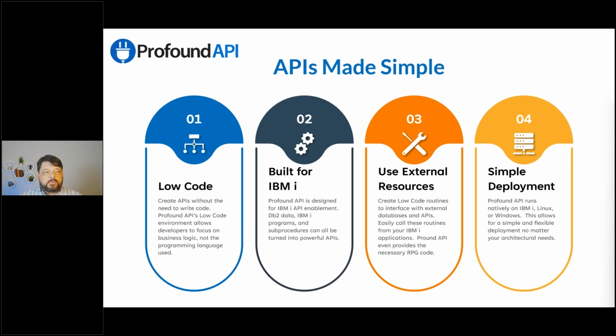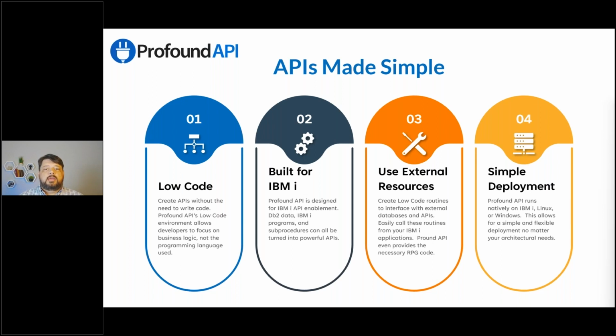Deployment is simple and flexible because Profound API runs natively on IBM i, but because it's Node.js based, it can also run on Linux or Windows. You can run it on your local computer to do your development. If your IBM i happens to be very heavily used and you don't have the free resources to run an API server on your IBM i, that's fine.